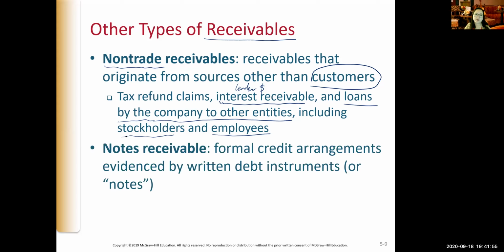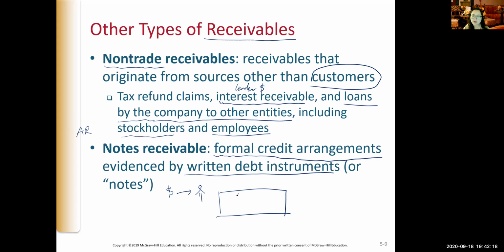Okay, so there's another thing besides accounts receivable. It's called a note receivable. In essence, it's a formal credit arrangement evidenced by a written debt instrument. So what does that mean? It means the person you lend money to writes you a debt contract, okay? And then there's a note receivable name here.